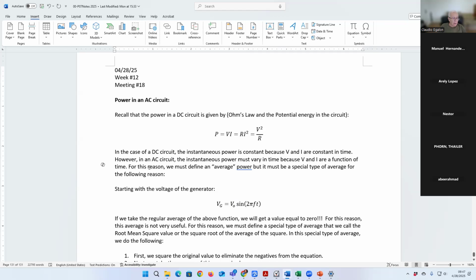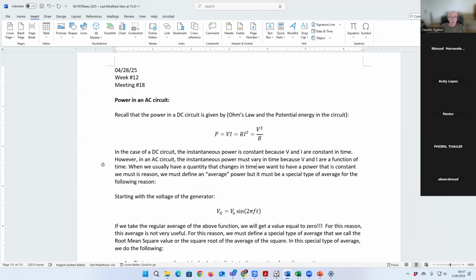So if we want to have a power that is constant, we must define, as we usually do when we have a quantity that changes in time, an average value for this quantity.